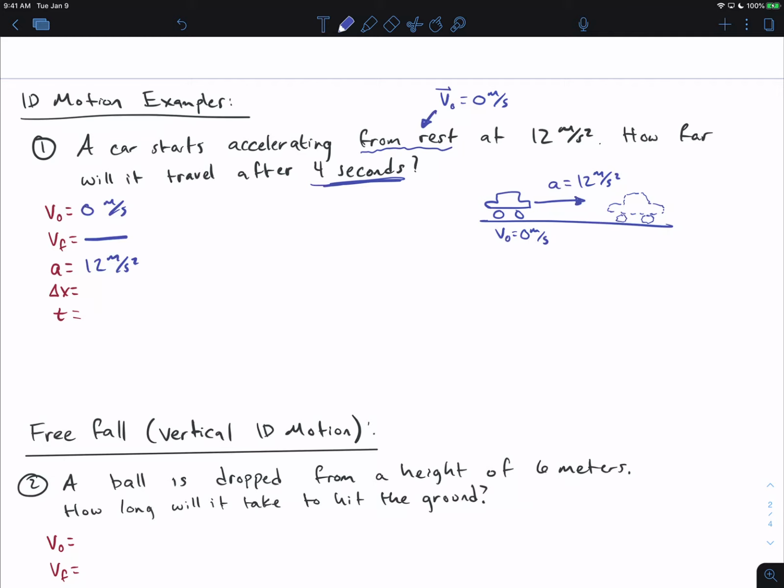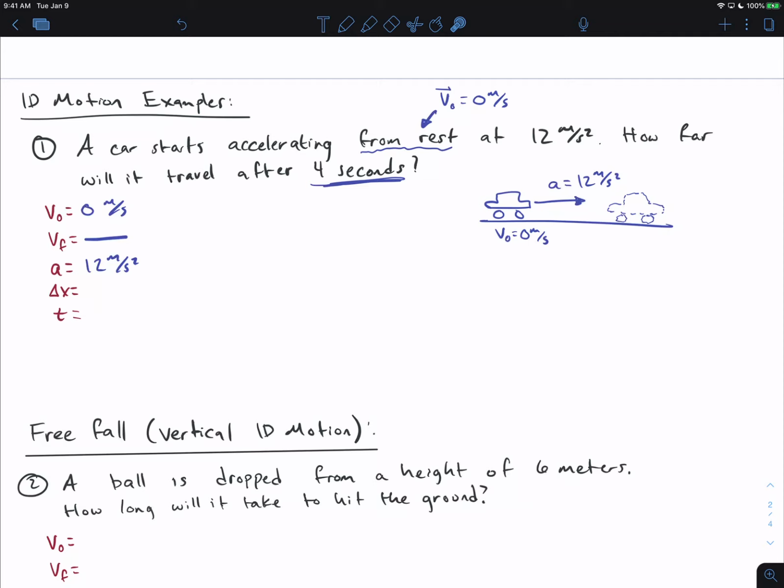Now, there is something very important when we look at our problem here that is going to make things a lot easier for you guys, okay? And that is remembering your units, okay? Units are super, super important.